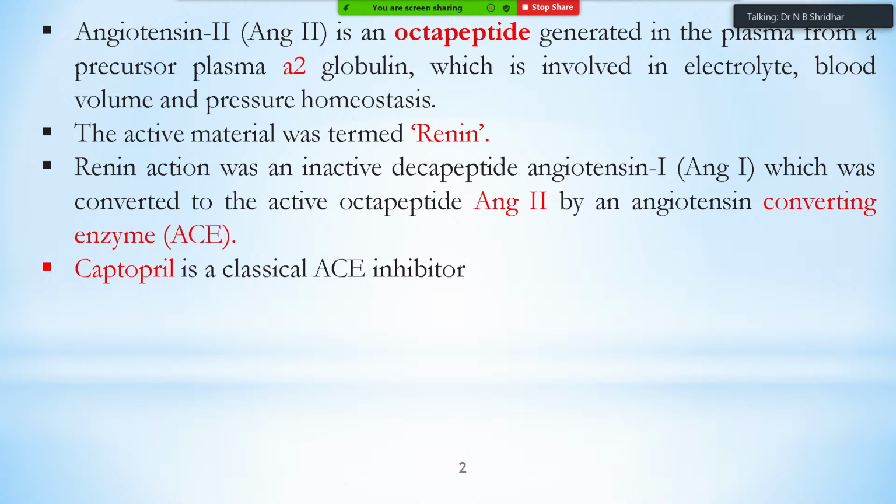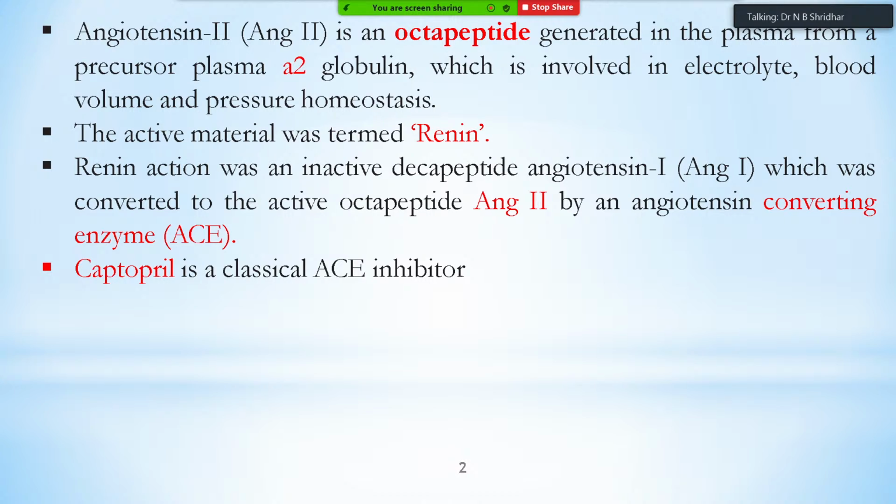Many drugs which inhibit ACE can be very effectively used in blood pressure, and captopril is the classical ACE inhibitor. So you can remember captopril as one of the important angiotensin converting enzyme inhibitors.